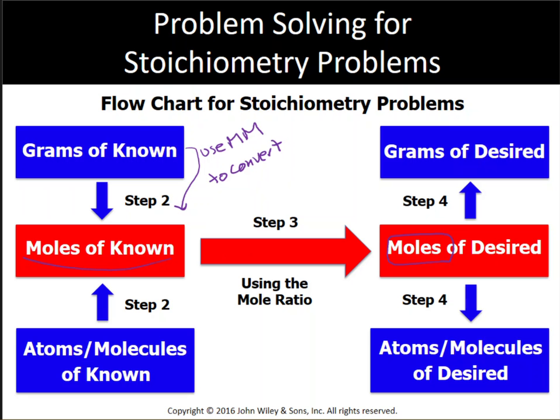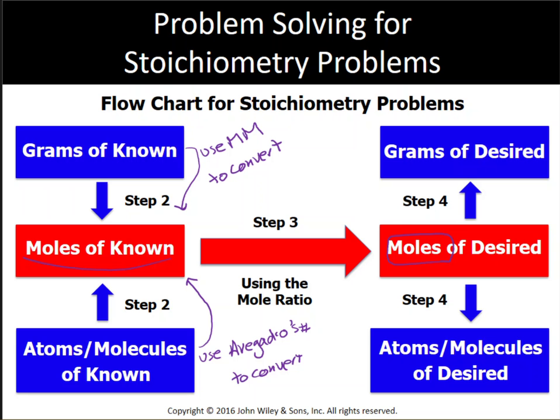Also, if the moles are not given and the number of atoms, molecules, or ions are given to you, you still need to convert to moles, and in order to do that you have to use Avogadro's number. Once you have the moles, you use the balancing coefficients as your molar ratios. And again, keep in mind that you will end up with the moles of the desired compound.